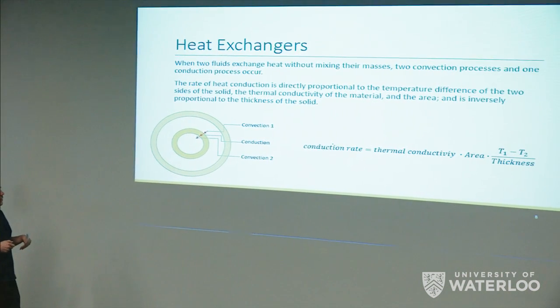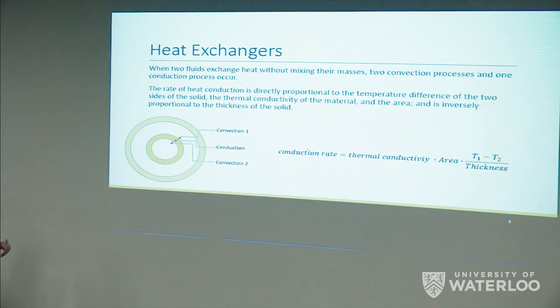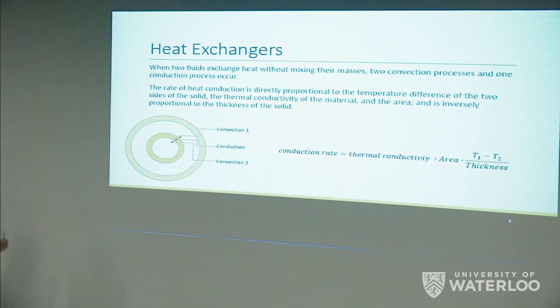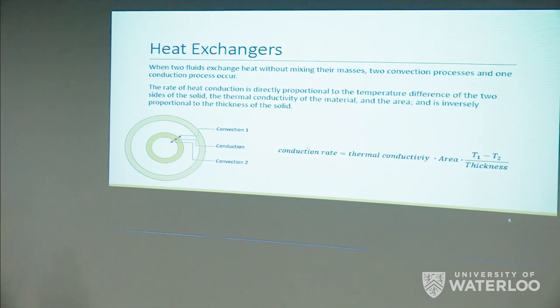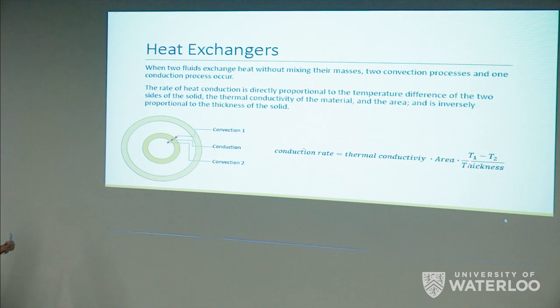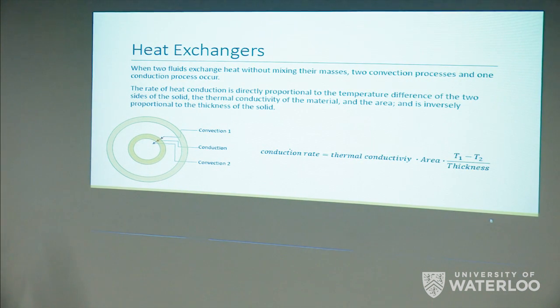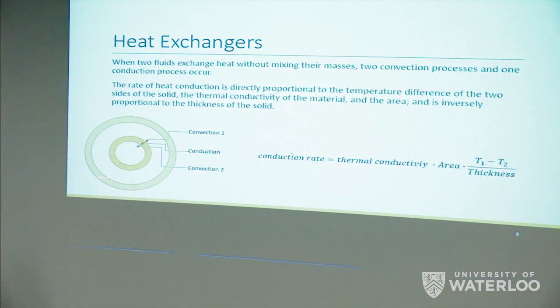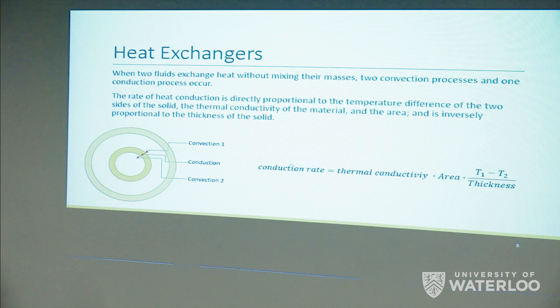The conduction part of the heat exchanger will always be ruled by the thermal conductivity of the material, the surface area, the temperature difference between both fluids, and the thickness of the material separating both fluids. This happens also if you use shell and tube heat exchangers or if you use a radiator.